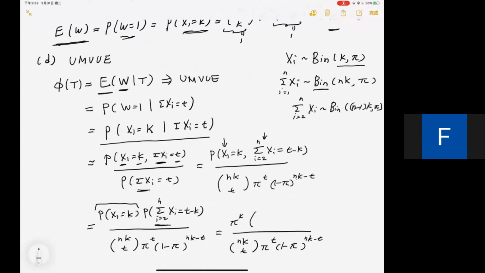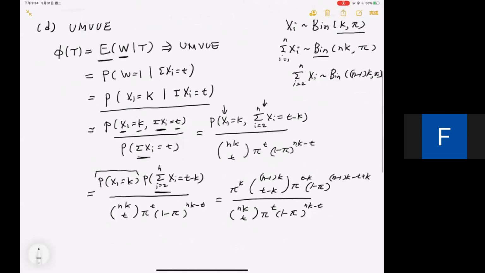So it means right here is what? n minus 1 choosing k, and then I do have t minus k, okay, right here, and then I do have pi as well, and then t minus k as x, 1 minus pi, and n minus 1 k minus t minus k x.